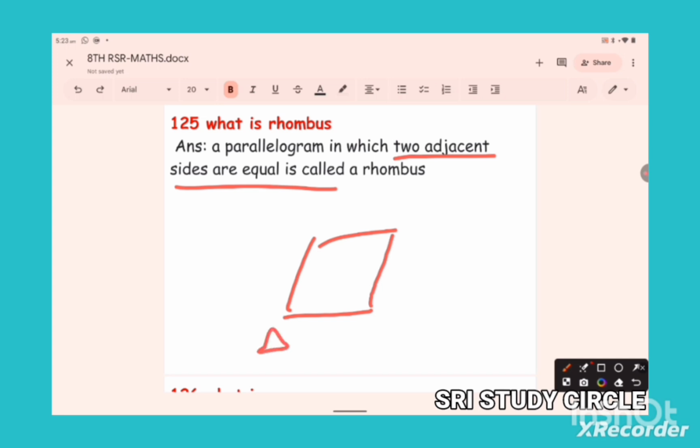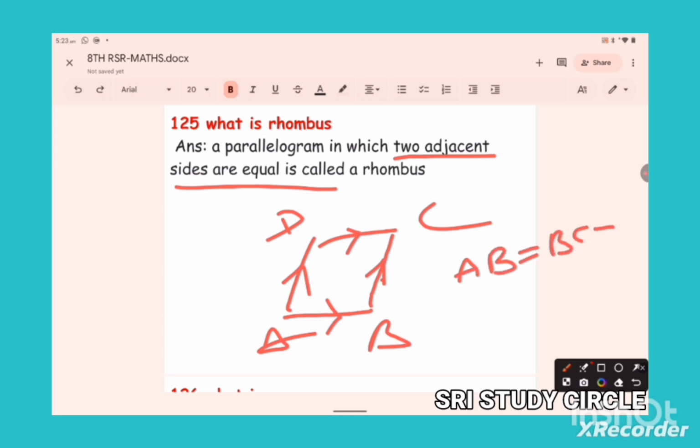So suppose ABCD is a rhombus. AB is parallel to DC, BC is parallel to AD. Opposite sides are parallel, but all sides are equal, which means AB is equal to BC is equal to CD is equal to AD.